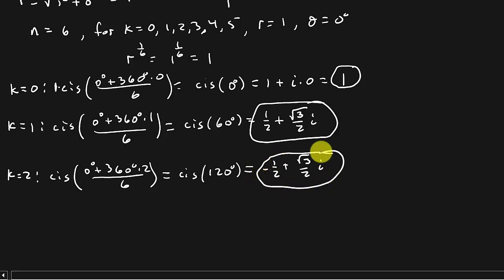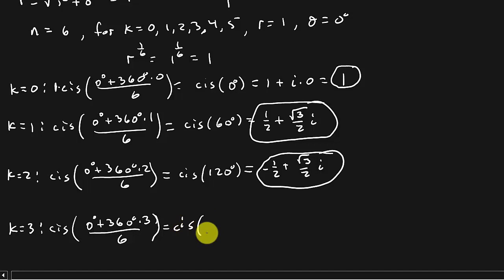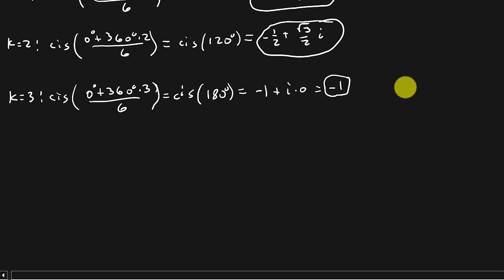There's your next solution. And then for k equals 3, I get 0 plus 360 times 3 over 6, and so that's going to be 180. The cosine of 180 is -1, sine of 180 is 0, and so that's just -1.